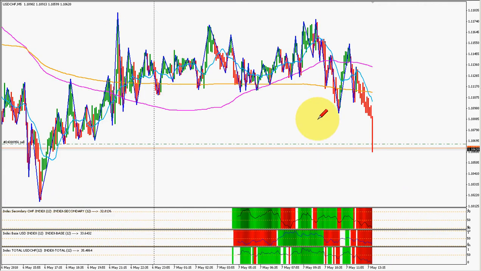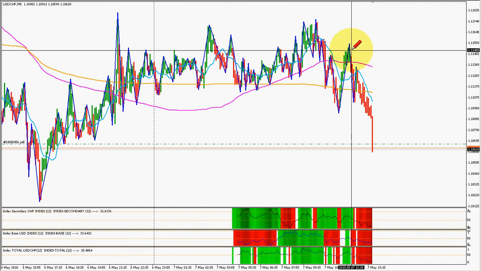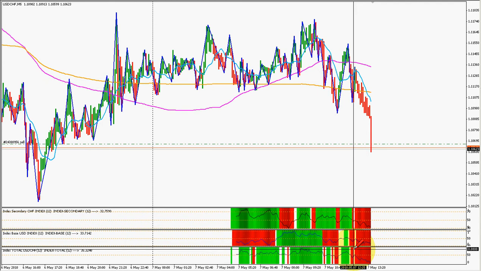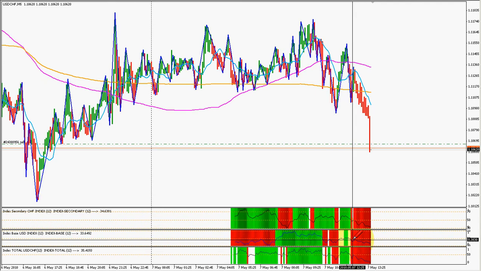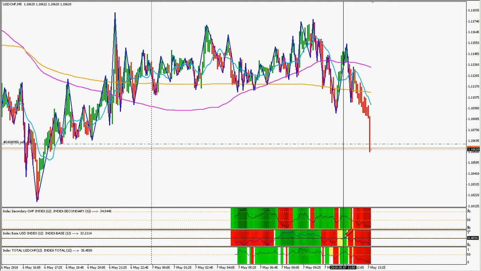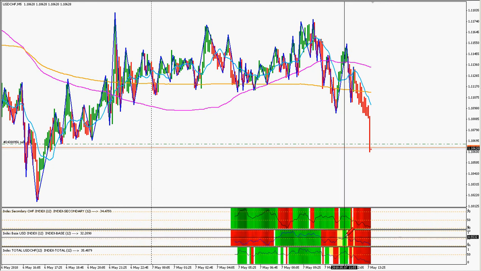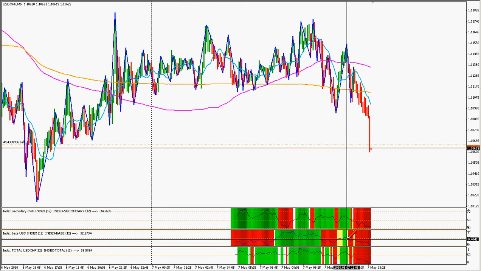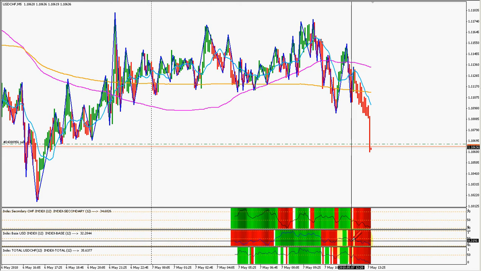There you go. You see here, it was already preparing to move down, and you can see the USD index when it moved up didn't have that much force to continue up, and then it went lower, going below 50.